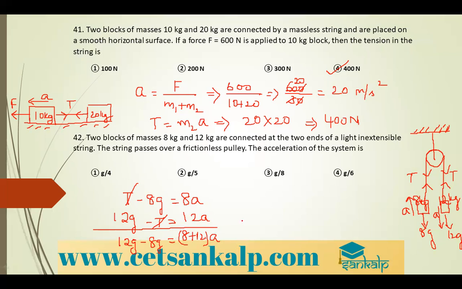So 12 minus 8 is 4g is equal to 20a. So a is equal to g by 5.